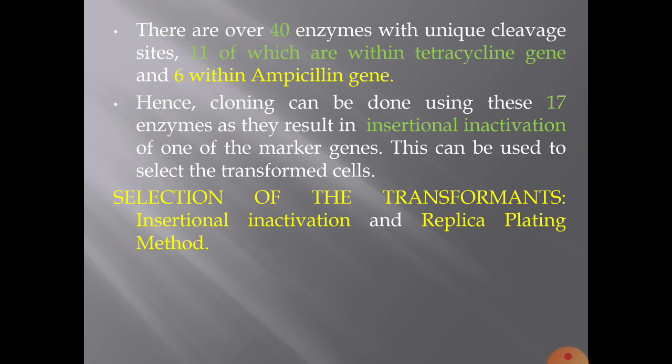By inserting the DNA of your choice, you are making the tetracycline resistance gene inactive so that the cell will be susceptible to that particular antibiotic. So screening and selection will be very easy, right? So selection of the transformants is by insertional inactivation, and that is followed by the replica plating method.